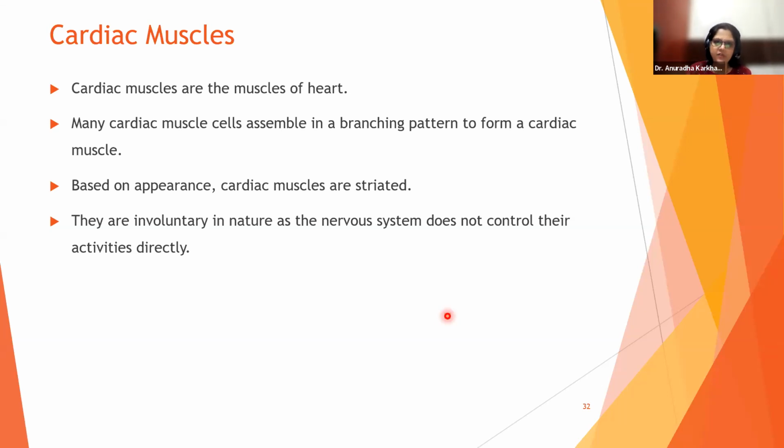So they are sharing the properties of both. But one important point is they are branching. Of course, detailing of these two. डिटेलिंग मतलब ज्यादा कुछ है नहीं, थोड़ा बहुत 2-4 पॉइंट जो एक्स्ट्रा है वो एनिमल टिश्यूज का चैप्टर मैं पढ़ाऊंगी आपको नेक्स्ट, तो उसमें वो आपको समझ में आ जाएगा.